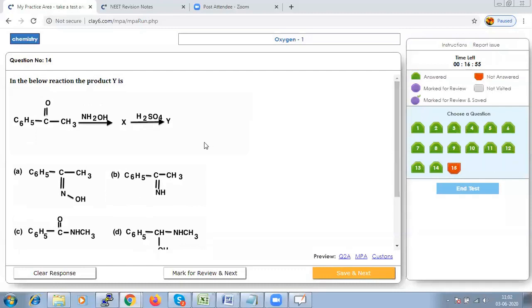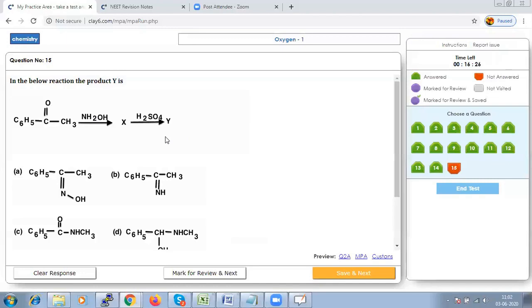In the reaction we have to find out the product Y. In this reaction, the formation of X first involves the addition of N to OH, and then X gets converted to Y, and this is called the Beckmann rearrangement.